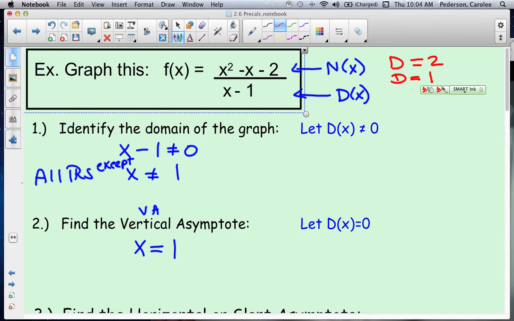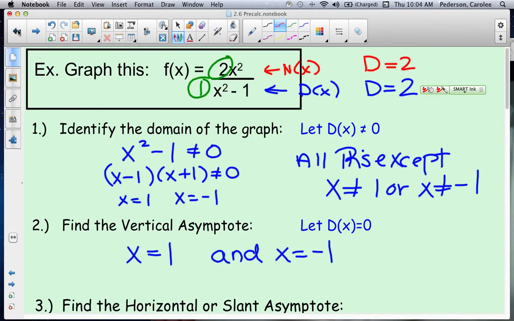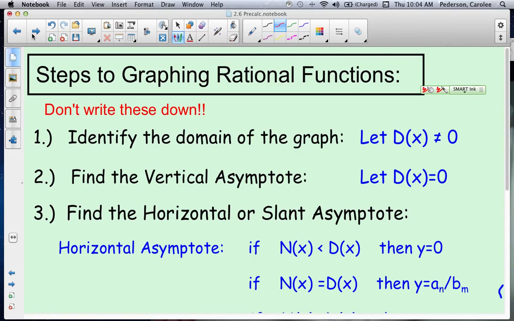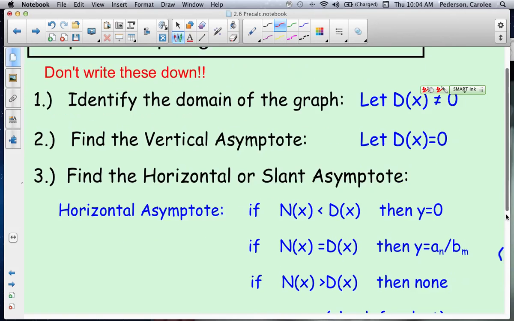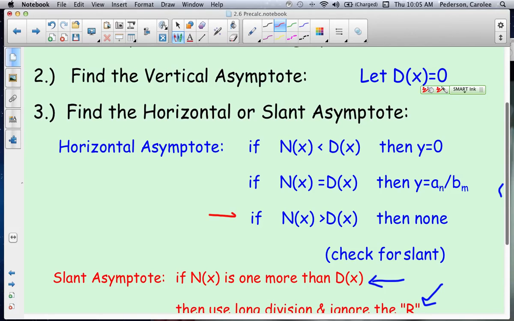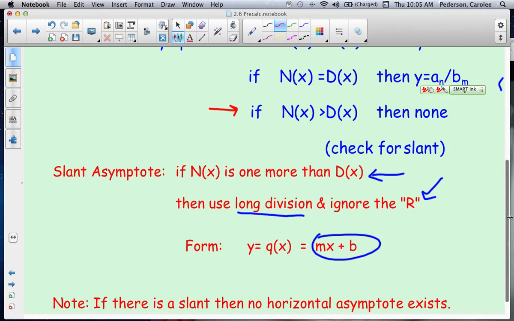So if I go back to that first set of rules, right here, if the degree of the numerator is greater than the degree of the denominator, then you don't have a horizontal asymptote, but you must check for a slant. And here's what a slant is saying. If the degree of the numerator is exactly 1 more than the degree of the denominator, in this case it is, then you have to use long division, ignore the remainder, and whatever you get as your answer will be your equation for your line.